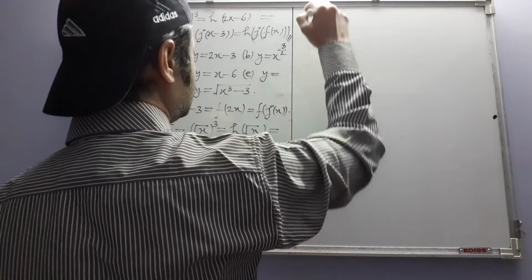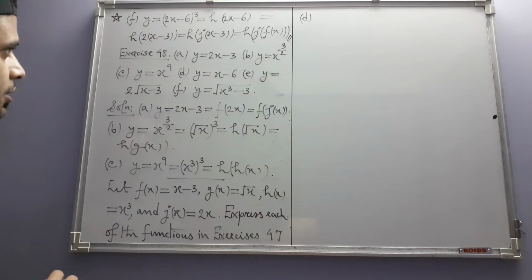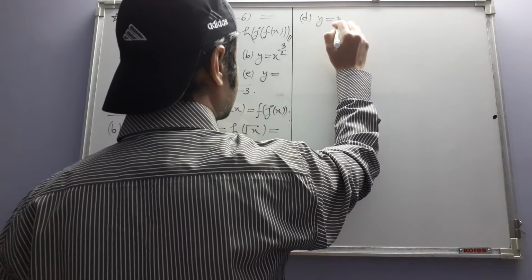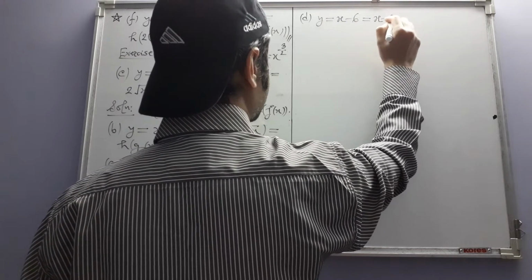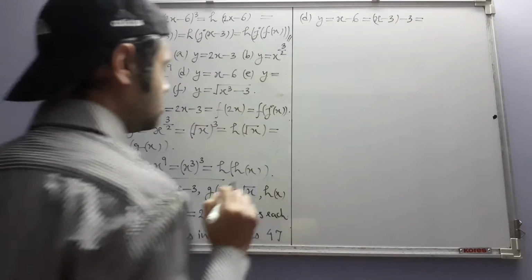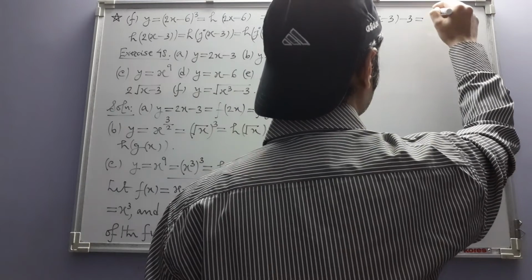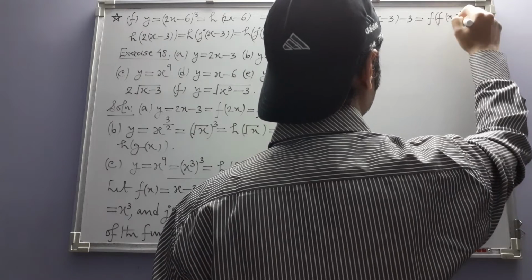Then D is x minus 6, which is x minus 3 minus 3. So this is applying f twice, f of f of x.